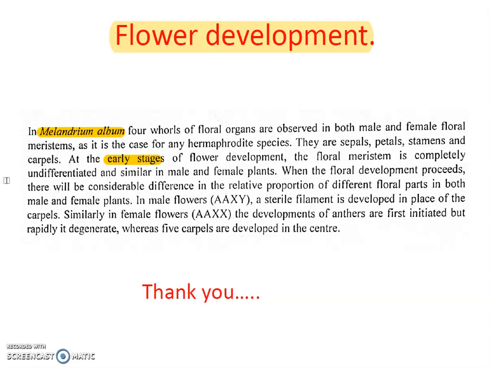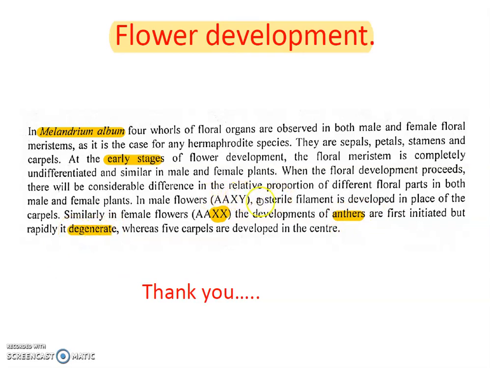In the male flower, due to XY, a sterile filament is developed in the place of the carpel. Similarly, in the female flower, XX, the anthers are first initiated but rapidly degenerate. Means, suppose there is the XX condition, the male parts, meaning anthers, first develop, but after that they degenerate.